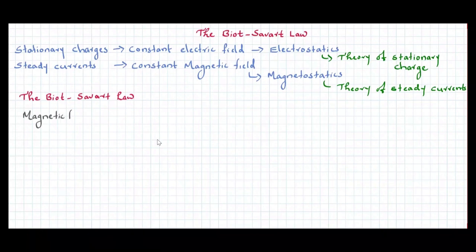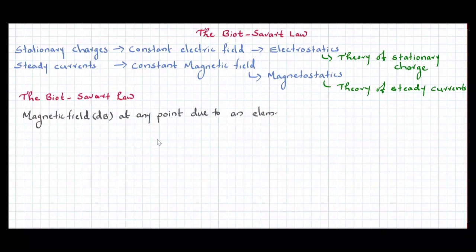Suppose a current is flowing through a wire. It will generate a magnetic field. Now let us evaluate the magnetic field due to the conductor carrying current.